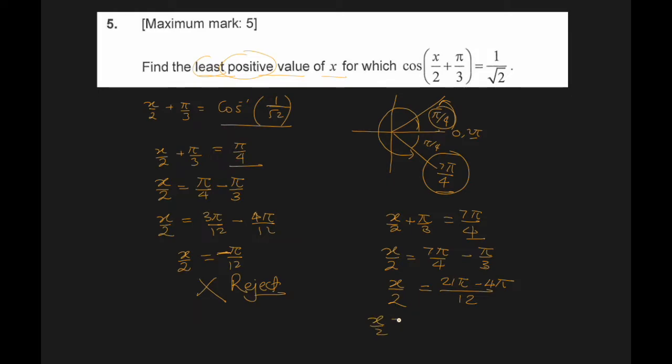So x over 2 comes out to be 17 pi over 12. And now the question was about x. So let's write x here. x equal to 2 times 17 pi over 12. So 2 and 12 cancel. Answer is 17 pi over 6. This is the first value of x when y is 1 over square root 2, and that has to be a positive value. This is the answer of this question.